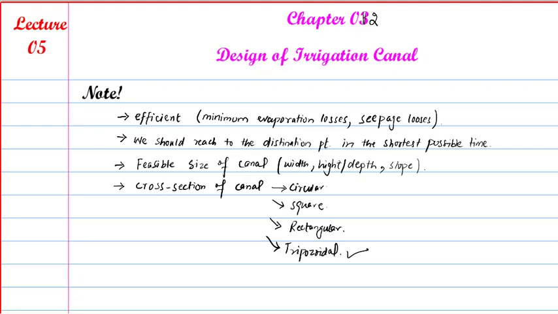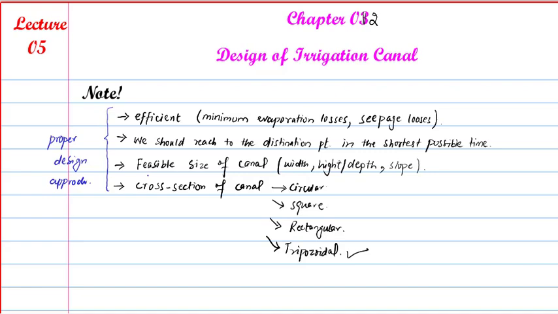And the dimensions of the canal, width, depth and slope, are also not properly selected. It will also affect the end results and will cause the wastage of water. And the selection of cross section of canal is also important. So for all these points, we need a proper design approach. Got it?